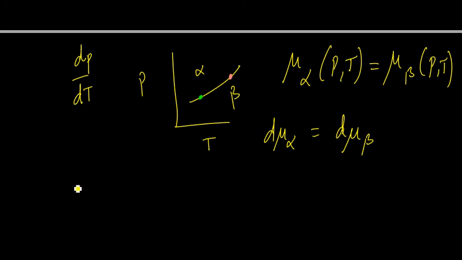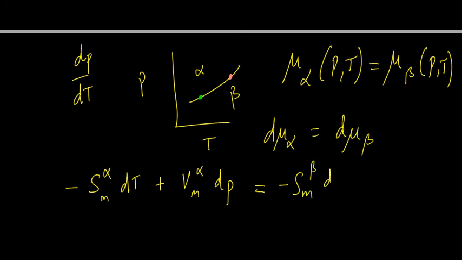So what I can write is minus of S. Now, because we are dealing with the chemical potential, we'll use molar quantities. Minus S molar of alpha dT plus V molar of alpha dP would be equal to minus S molar of beta dT plus V molar of beta dP.